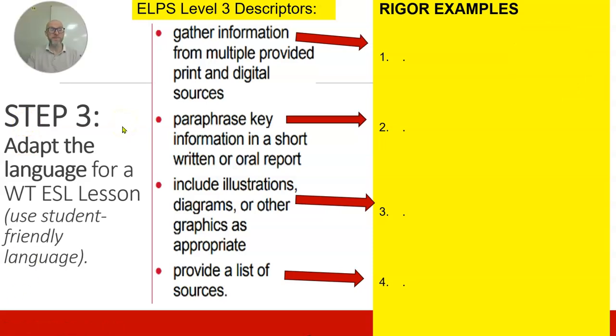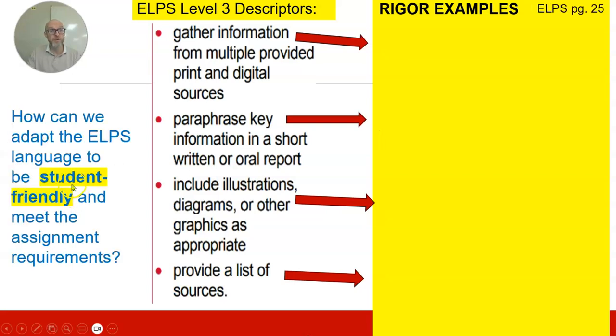Step number 3, we're going to adapt the language from the ELPS Level 3 descriptors for this specific Wake Tech ESL lesson. But what is key is we need to use some student-friendly language, and we need to make sure we're meeting those assignment requirements. So how can we adapt some of that language?